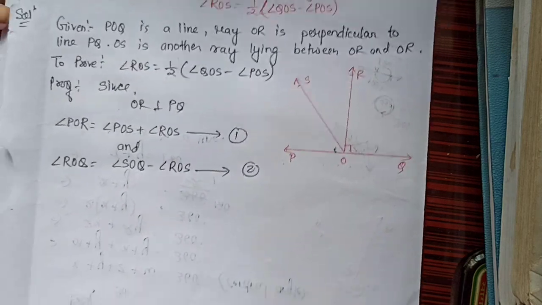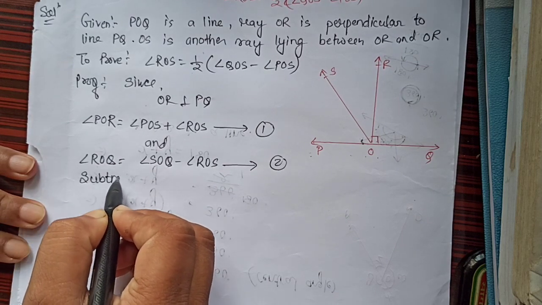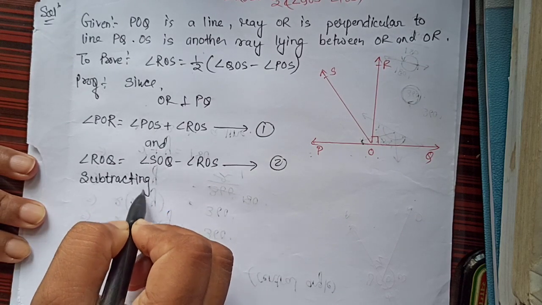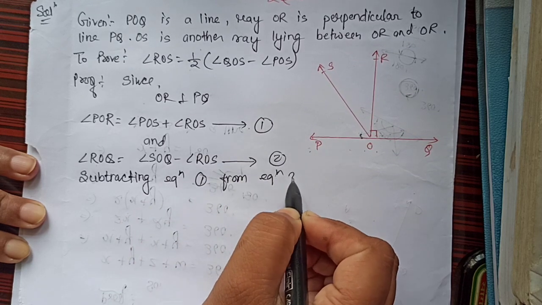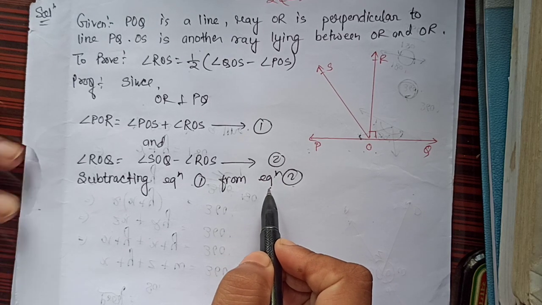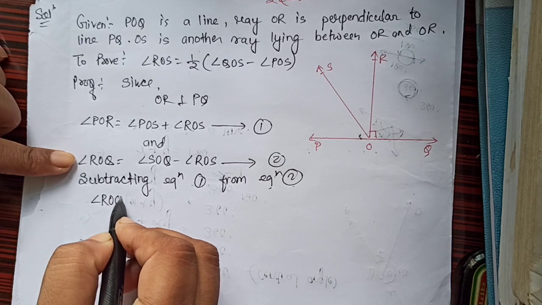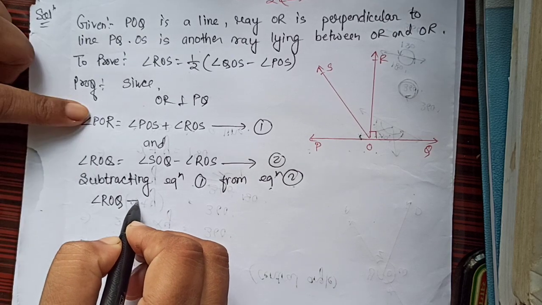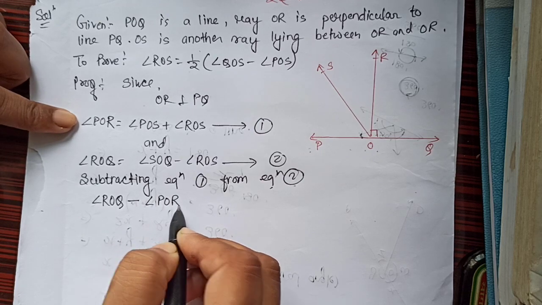So now we have to subtract these two equations. Let us write here: subtracting equation 1 from equation 2. We pick up equation 2 first. On the left hand side of equation 2 we have angle ROQ. We have to subtract equation 1, whose left hand side is angle POR. Now equal.